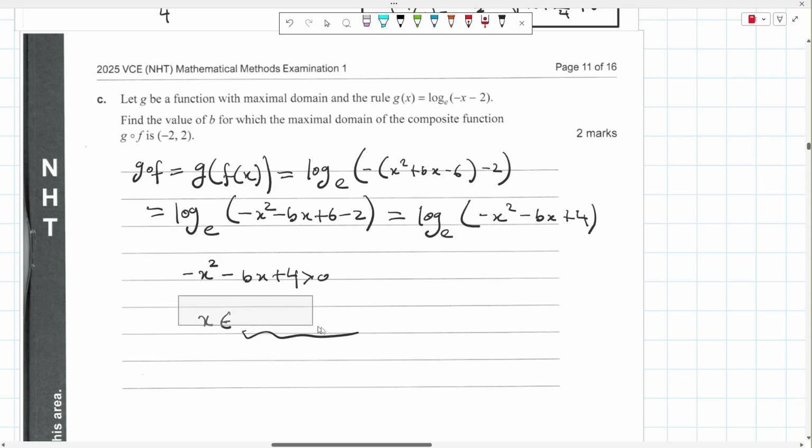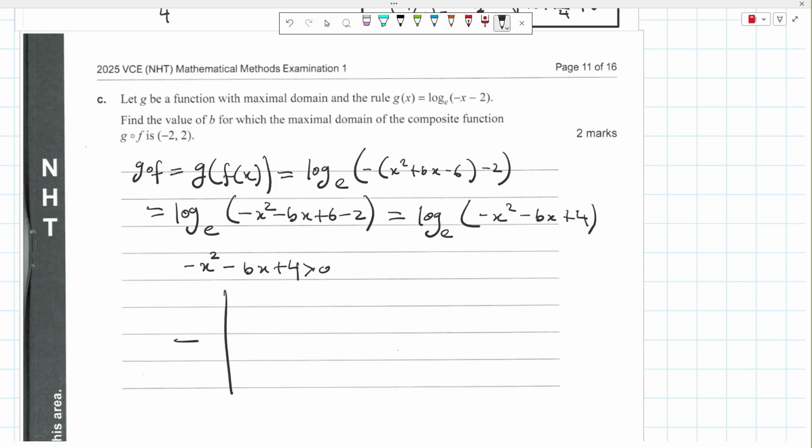So we have the domain here, which is negative 2 to 2, and we want the inside graph to be greater than 0 only for negative 2 to 2. Now, this is a negative x squared graph, so it's going to look something like this, right? What's the only way it could be greater than 0 for negative 2 to 2? That's if this intercept is negative 2, and this intercept is 2.